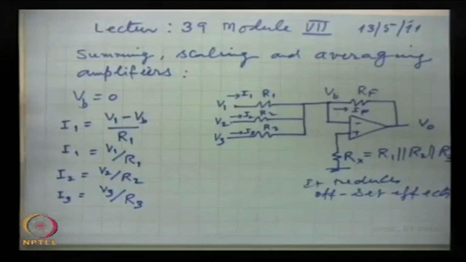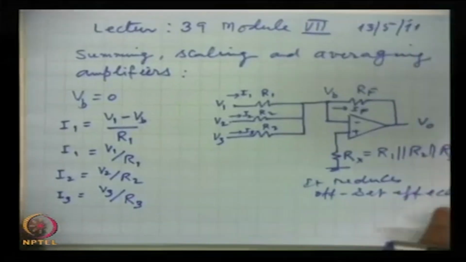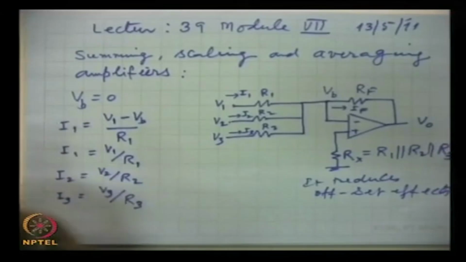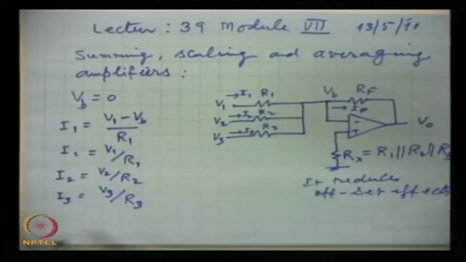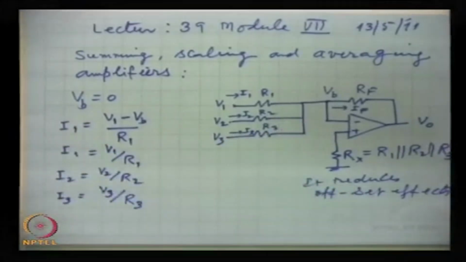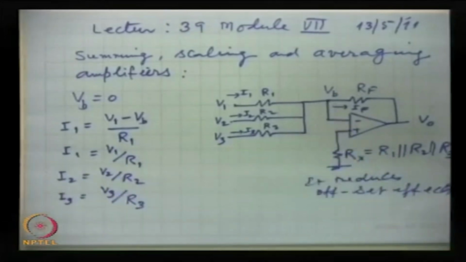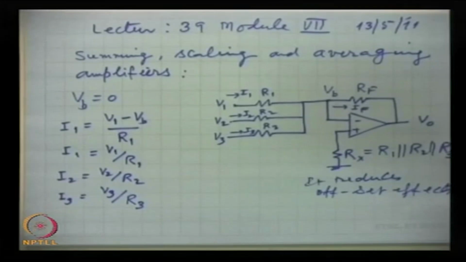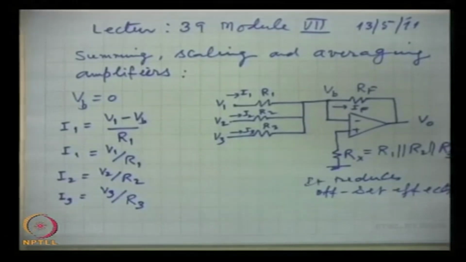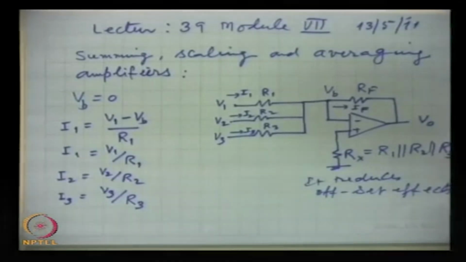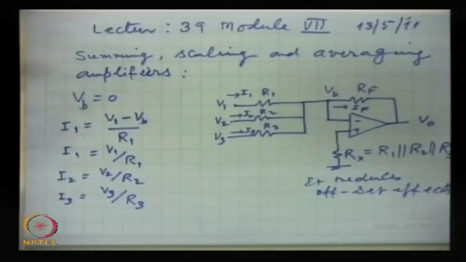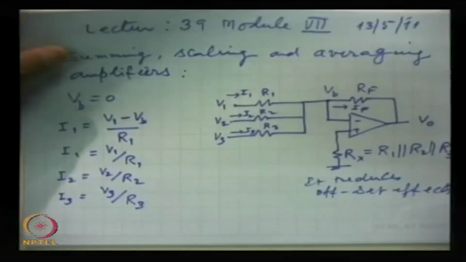These are the currents, and now we are seeing that the whole expression gets simplified by this concept of virtual ground, and that is why emphasis was given to this point that the inverting input is a virtual ground.